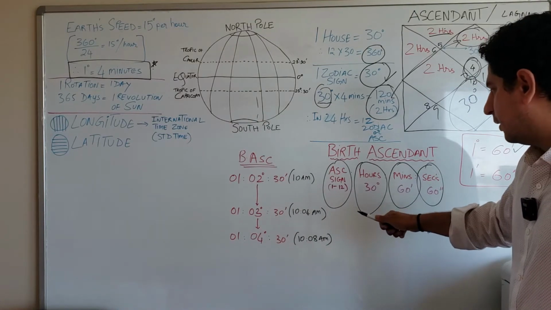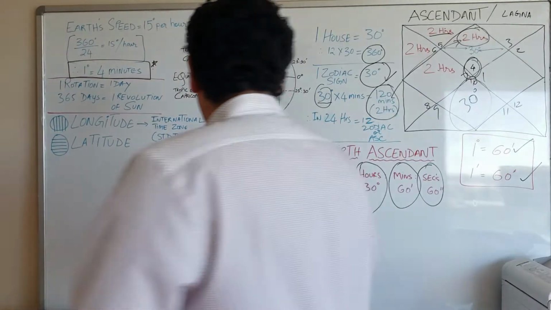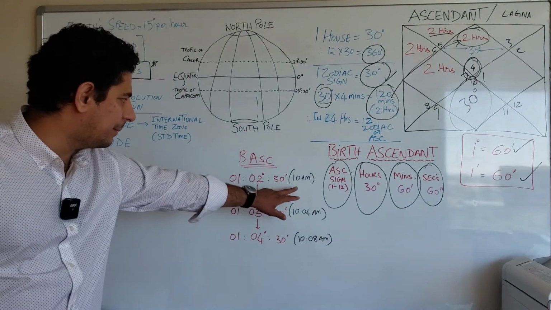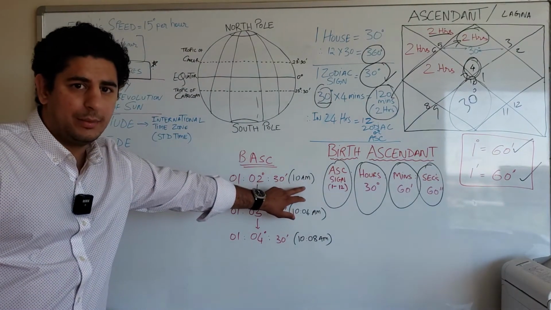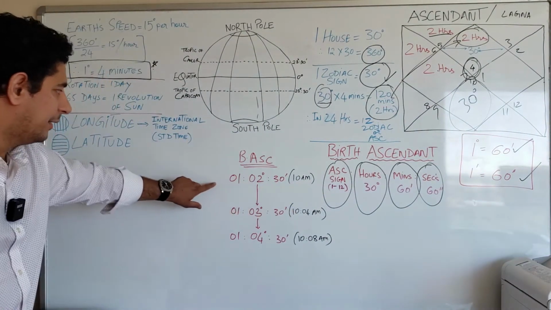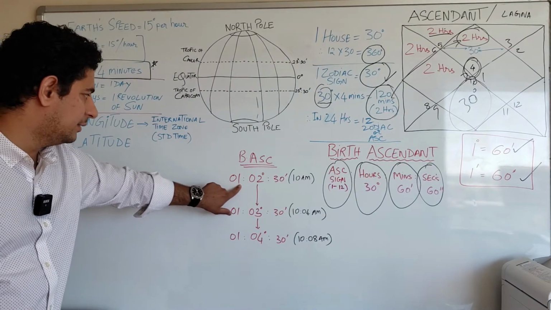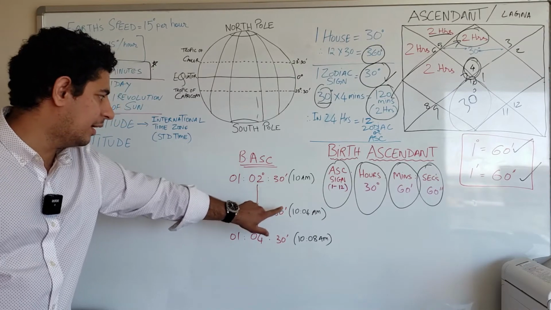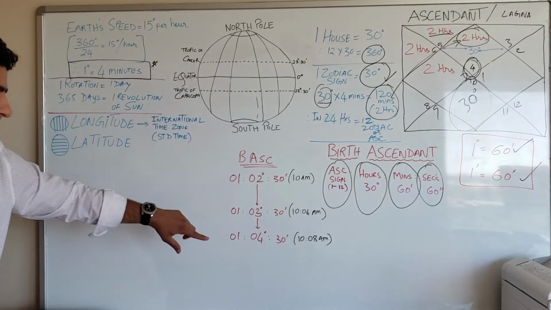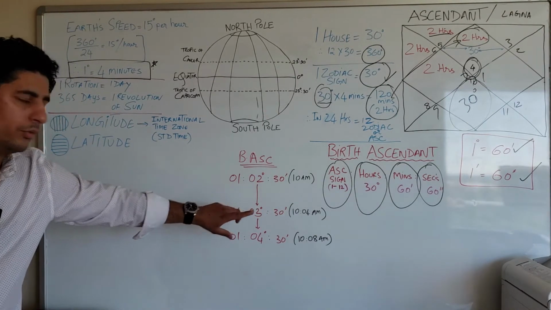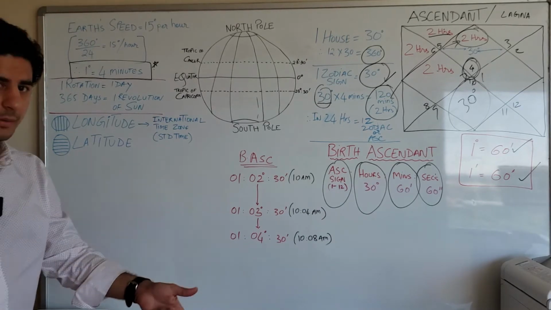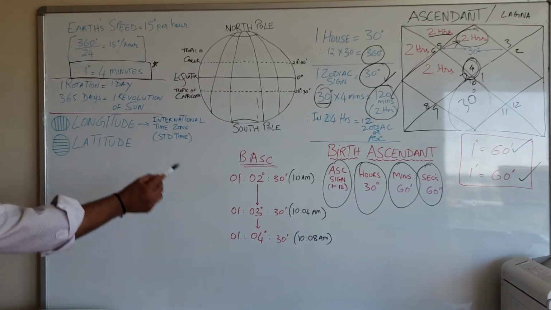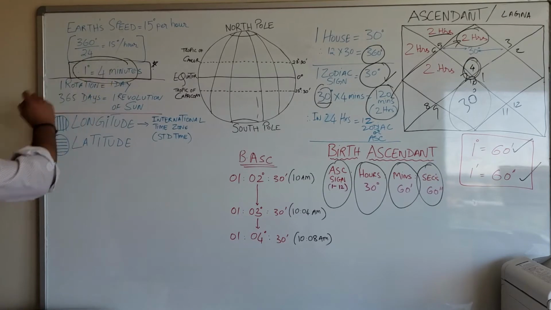So for example, if a baby is born today at 10 a.m. and the birth ascendant is 2 degrees 3 minutes 30 seconds, right after 4 minutes the degrees will move to 1 degree ahead, because 1 degree, as we have discussed, takes 4 minutes.